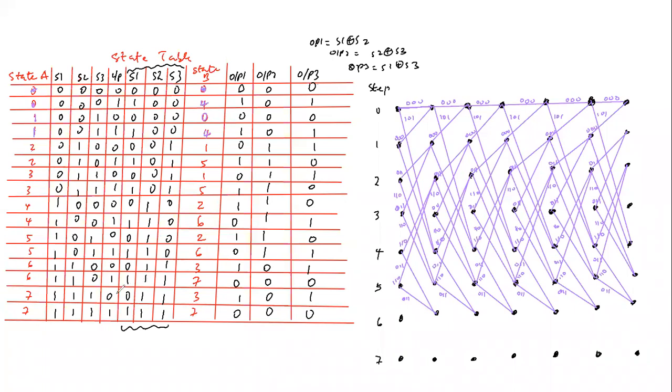Now, once again, I want to move from 6 to 3, 6 to 7. So from 6, I move to 3, then from 6, I move to 7.